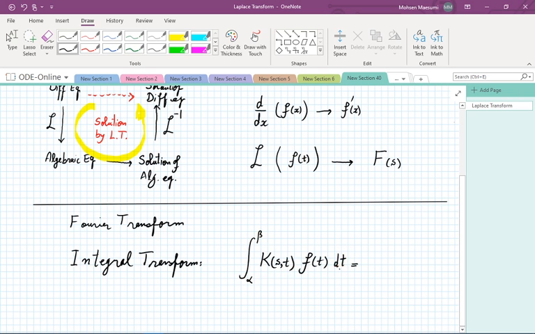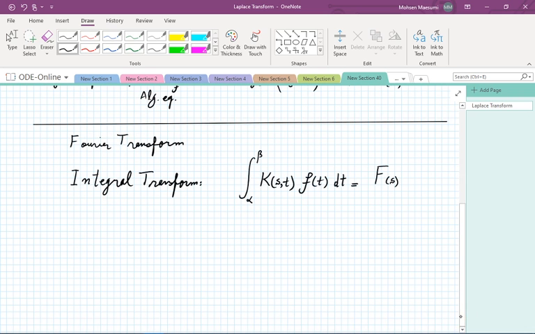After the integration, of course, t disappears, and s is the only surviving parameter. So the function that comes out is a function of s, and we might show it as F of s. So this is the general form of integral transforms. Well, what we have in mind is a very special type, and we call that the Laplace transform.